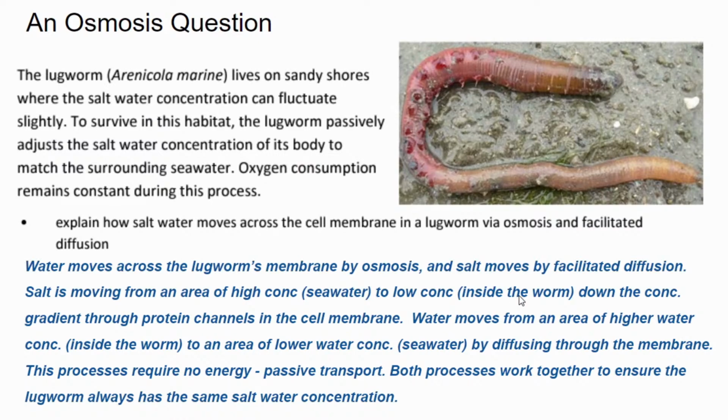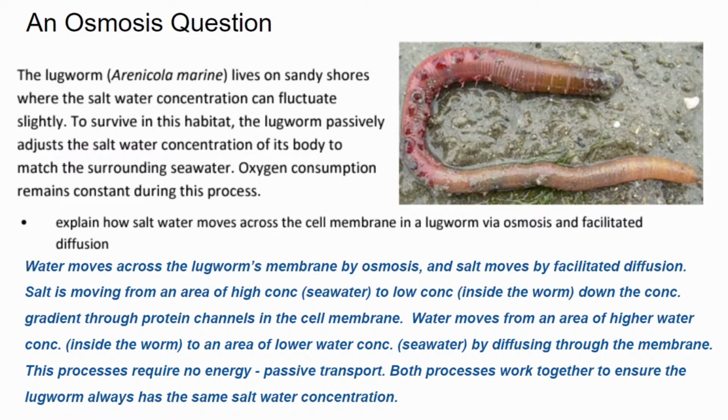So our salt is moving from an area of high concentration in the seawater to an area of low concentration inside the worm, down the concentration gradient through the protein channels in the cell membrane. Water, on the other hand, is moving from an area of higher water concentration inside the worm to an area of lower water concentration in the seawater, and it diffuses straight through the membrane.